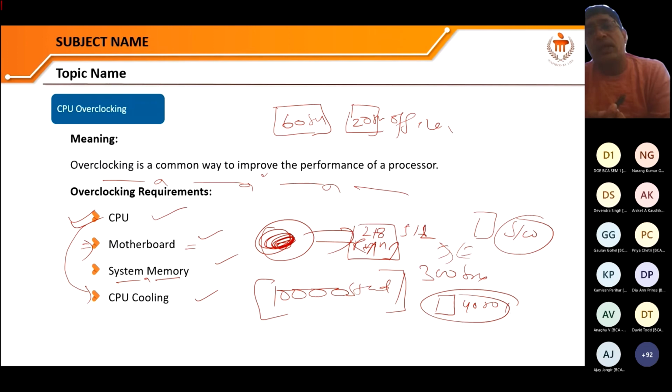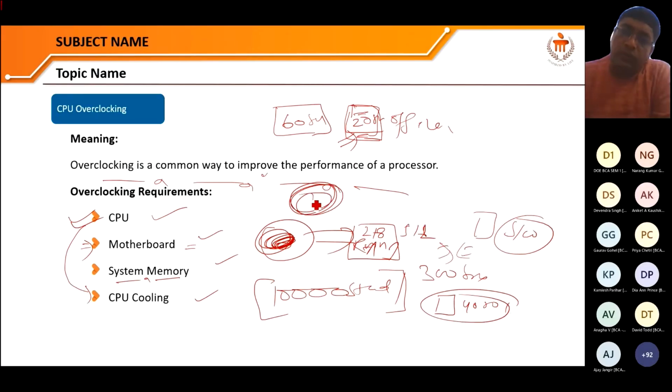But due to the limited space, only 20 students can sit. What will happen? I will teach only the 20 students. So same here, if the CPU is working faster but the RAM size is not good, how can we take the data? So here it will be a problem.